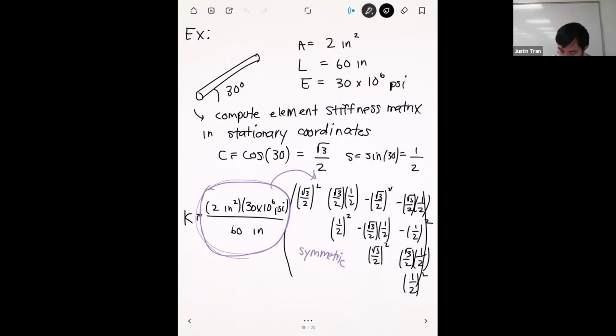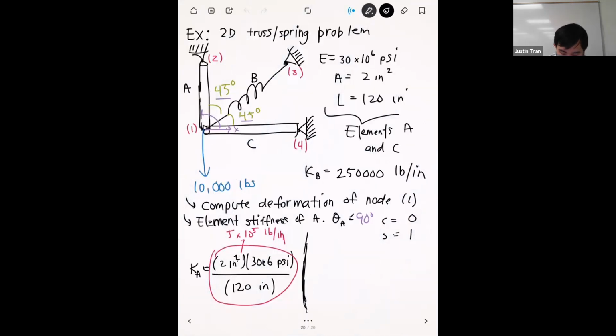The first top left term is cosine squared, which is just 0. Next, cosine times sine is another 0. Next, minus cosine squared is another 0. And then minus cosine sine is another 0.